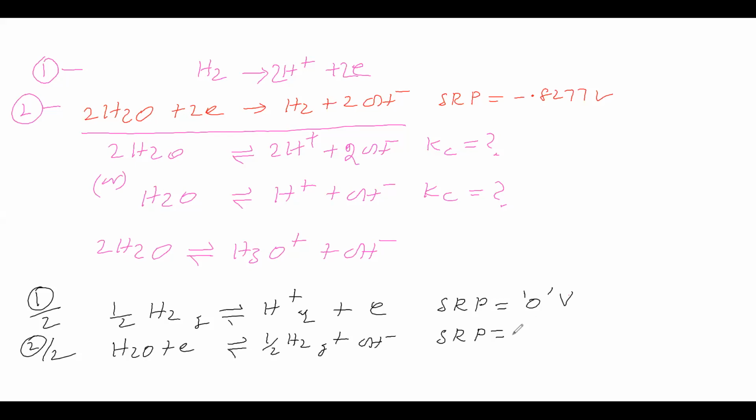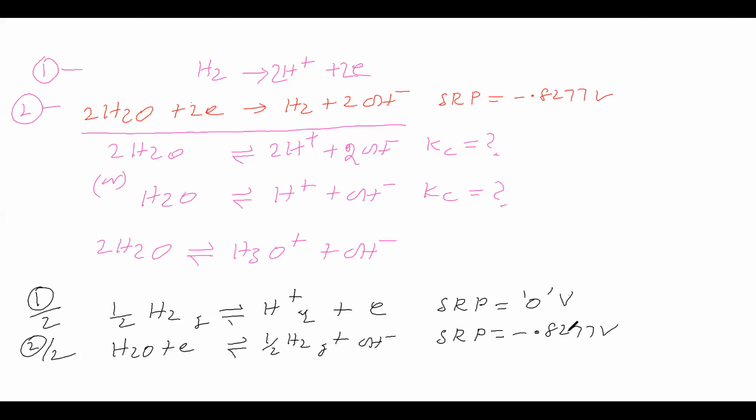The SRP value is minus 0.8277 volt. We are dividing the half reaction by 2, but SRP we should not divide by 2 because SRP is an intensive property. So don't divide it by 2. You write 0.8277 as it is.